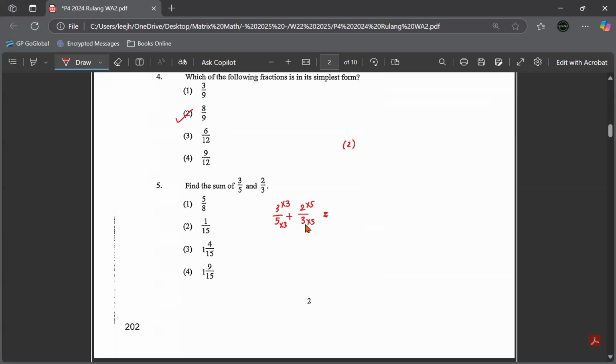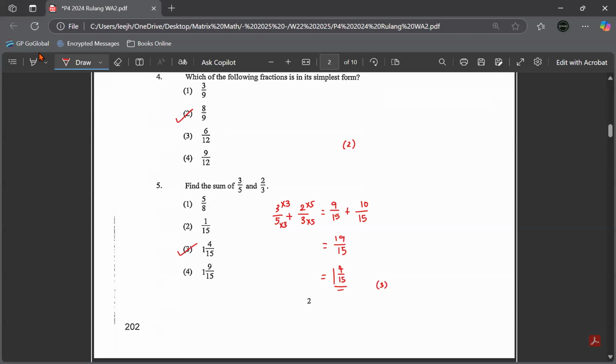So this one will be 9 over 15 plus 10 over 15. So this is 19 over 15. And you know that you have to make it a mixed number. So 19 over 15 is actually 1 whole 4 over 15, which is option number 3.